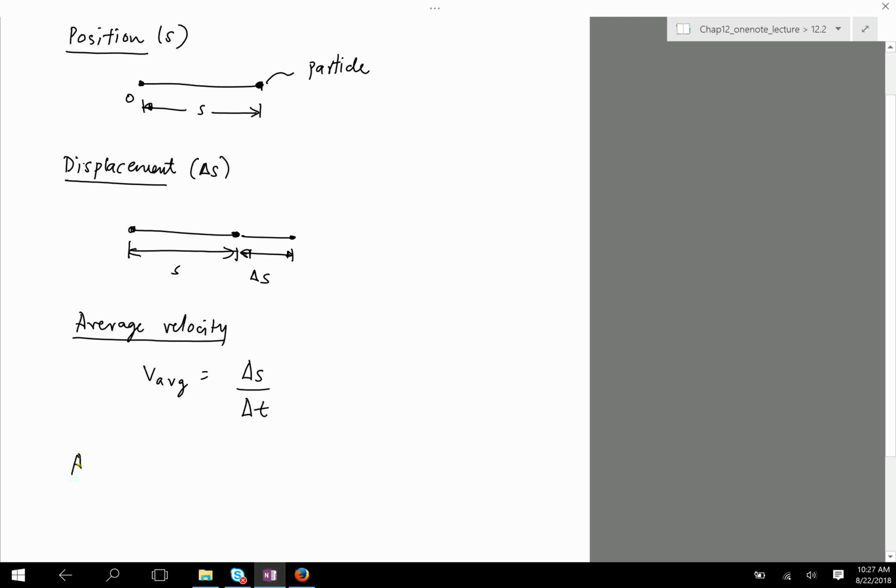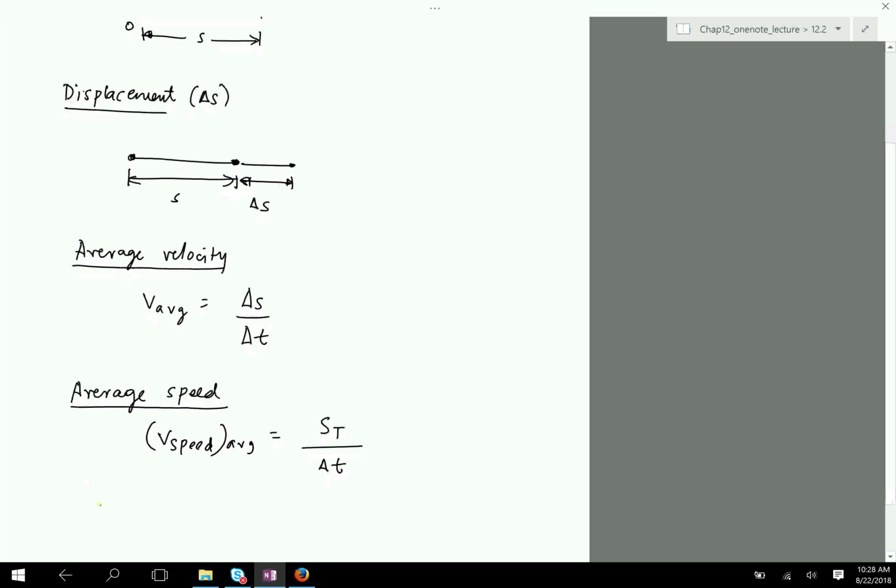Then find the average speed. Okay, ST is defined as the total distance covered.